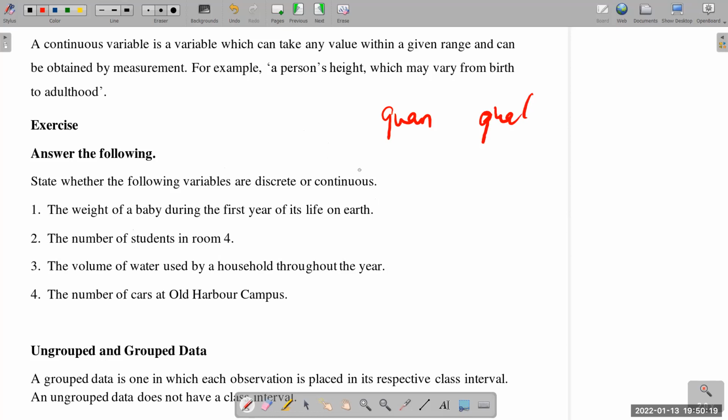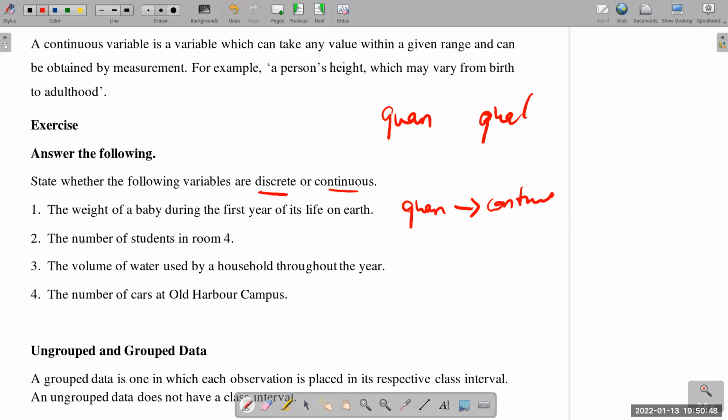Exactly, because it talks about the value of how heavy the baby is. And once you can measure it, it is usually continuous. So we have quantitative data here. Now, which one is it? Is it discrete or is it continuous? Excellent. It is continuous. Very good.